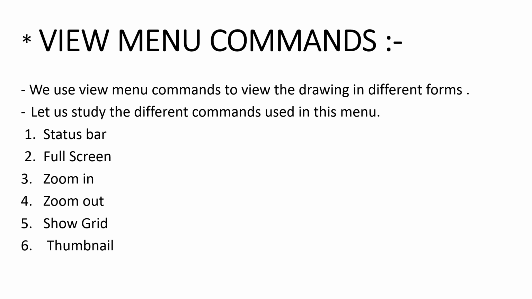Now the view menu contains some different sub commands. First is status bar, then full screen, third is zoom in, fourth is zoom out, fifth is show grid, and sixth is thumbnail. One by one, we will see the purpose of these commands ahead.